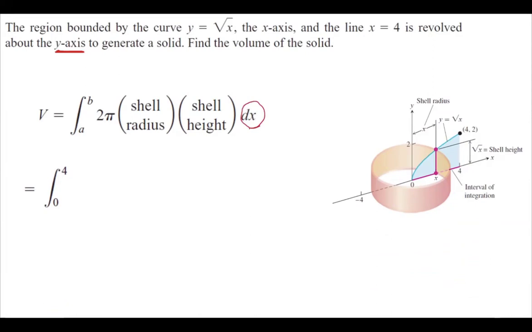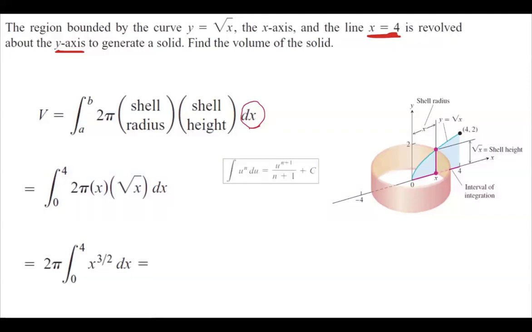X is bounded between 0 and 4. The maximum x value is 4. It is 2 pi times x times square root of x dx. It's equal to 2 pi times the definite integral of x times x to the power a half, which is x to the power 3 halves dx.